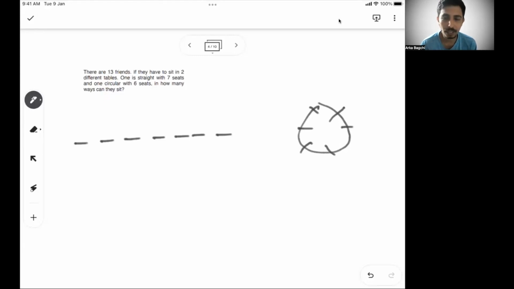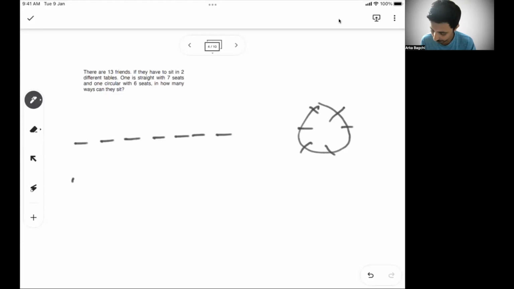So what I have to do is just choose 7 friends out of 13 friends and make them sit at the straight table. The rest 6 have to go to the circular table. For that, there is no other choice I need to make, because the only choice I'll make is choosing 7 people out of 13 people.